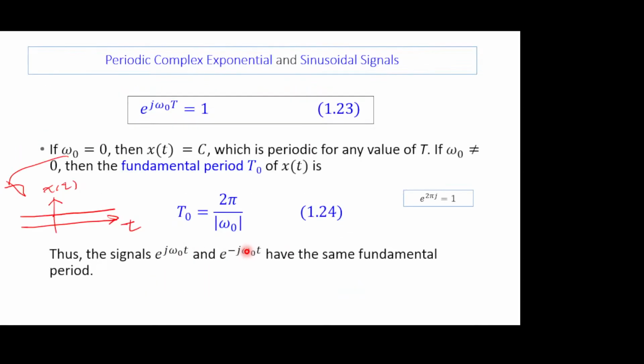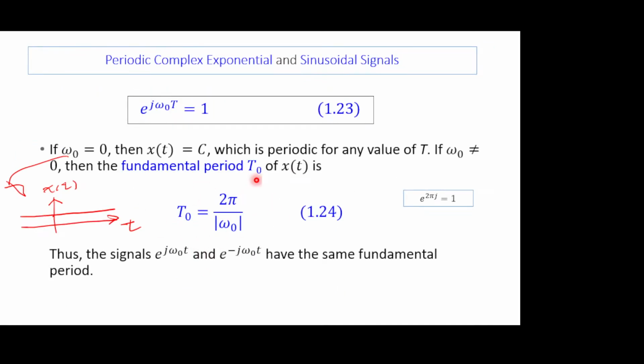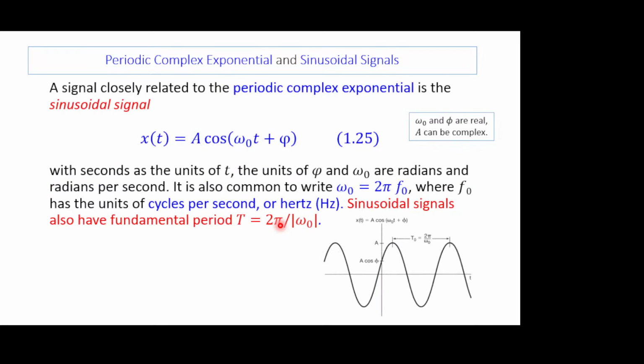Okay. Question? Look at this one more time. The fundamental period T naught for a complex exponential function is 2 pi divided by the absolute value of omega naught. Okay, important equation.